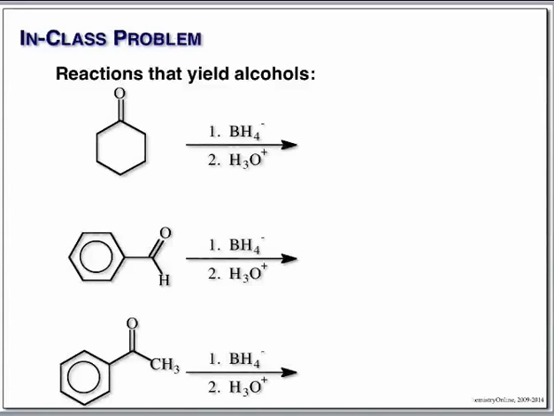All we're going to do is donate a hydride anion to the carbonyl carbon. When we do that, because it's a hydride anion that puts electrons up on the oxygen, that picks up a proton from the solvent, and we get the alcohol. Go ahead and just jot down the products for these two remaining reductions.